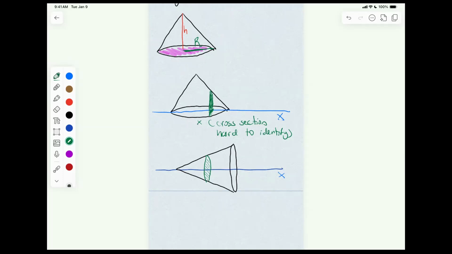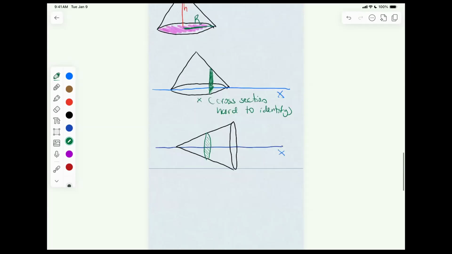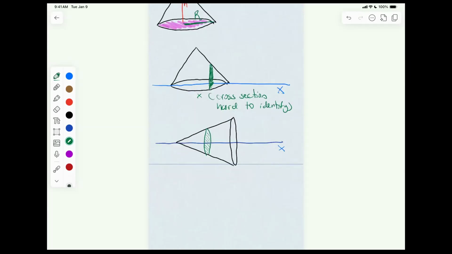You can cut the cone this way and that actually would be hard to find as well. You can cut the cone crazy, but you want to cut it in a reasonable way. Usually you either keep it vertical in the original position or just rotate it. Either one of those two will work. It's not that anything insane will happen, but now the cross sections are disks and that is easier to work with.